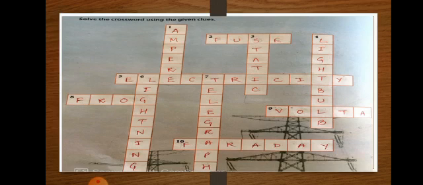Fifth, in 1600, William Gilbert introduced this term in his text De Magnete, and that term is electricity. Sixth, it was proved to be a form of electricity by the famous US statesman Benjamin Franklin.